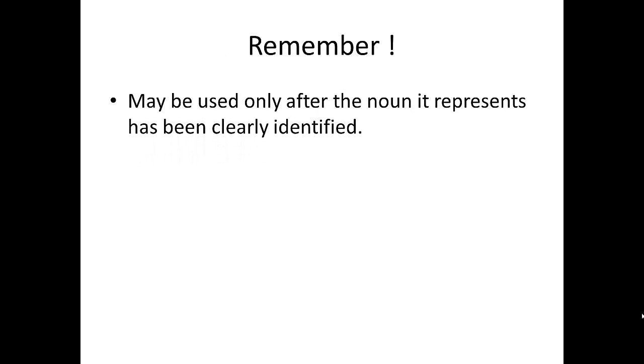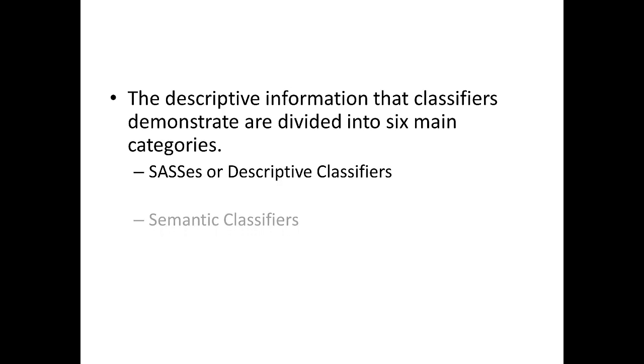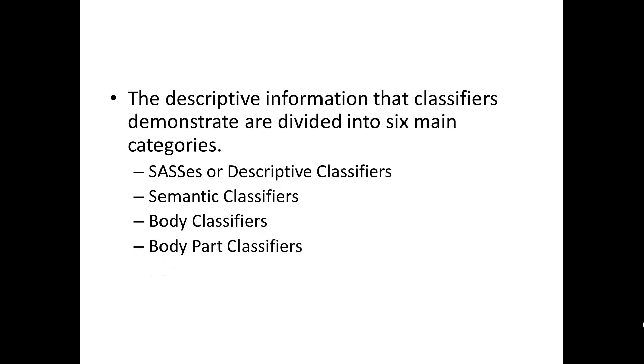Again, you can only use a classifier after the noun has been identified. The information that classifiers demonstrate can be divided into 6 categories. And these are the 6 categories. We're going to talk about each of them briefly.